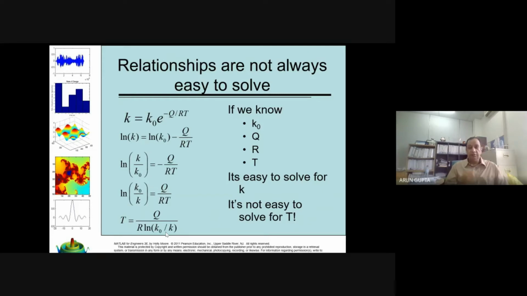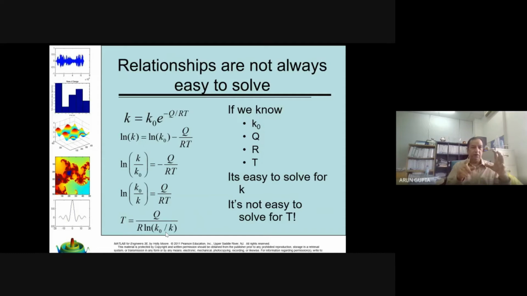The same thing using symbolic, there is one command called solve. You can give any complex equation, and then you say solve k for t.